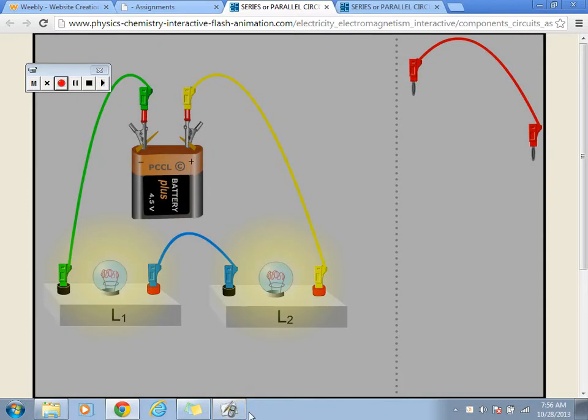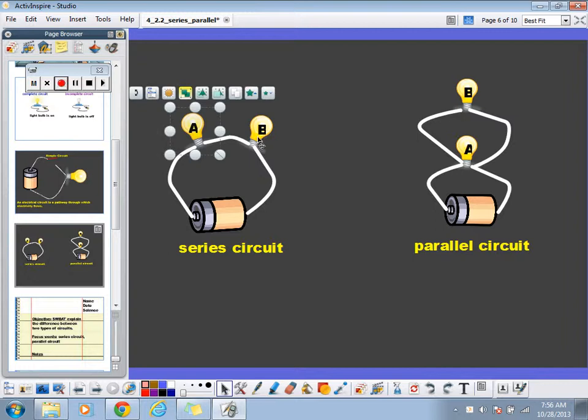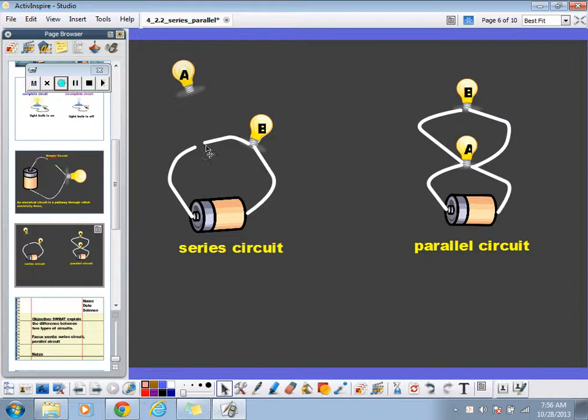So if we look at our circuits again, let's see what happens when I remove light bulb B. Oops. When I remove light bulb A, there's a big gap. The circuit is now incomplete, so light bulb B turns off. But if I remove light bulb A from here, there's a gap here.